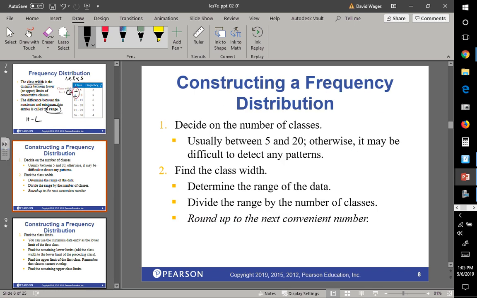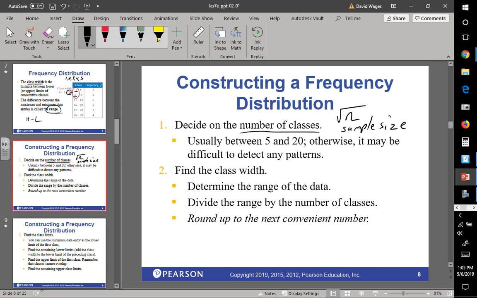So when we construct a frequency distribution, we have to determine how many classes we need. Now, different books use different ways of determining this. Some books take the square root of n, where n is the sample size, how many pieces of data we have, and we use that as an approximation for how many classes we need.